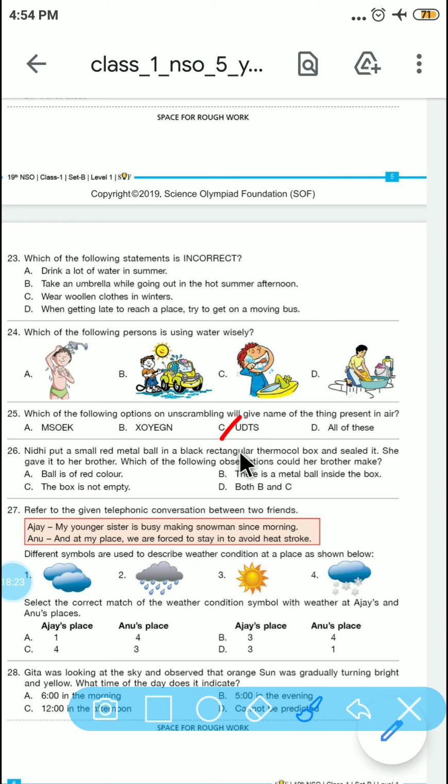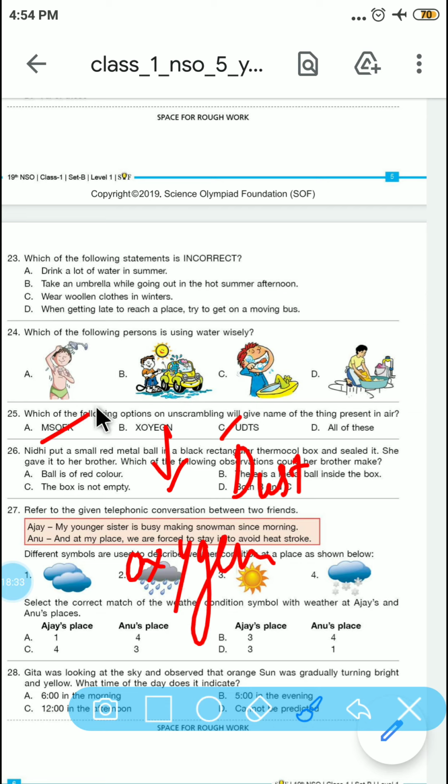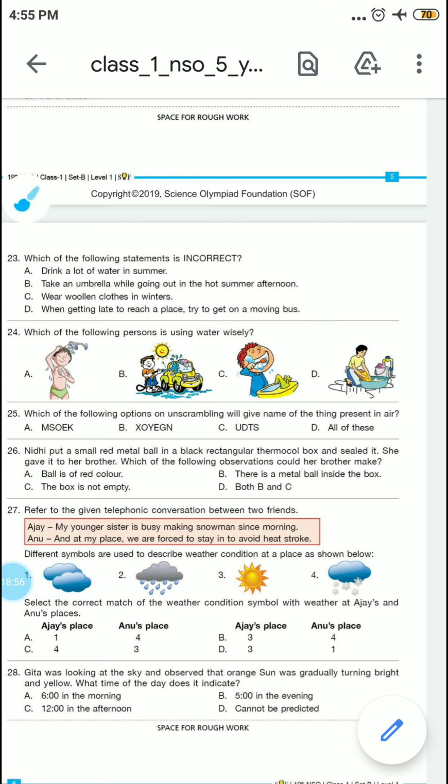Like if we unscramble, this is dust, this is oxygen, and I want to name this thing, but I want you guys to name it. So those who find it, please mention it in the comment section. You can mention it as: question number 25, unscrambled word of option A is this. Okay, so all of these will be the correct option here.